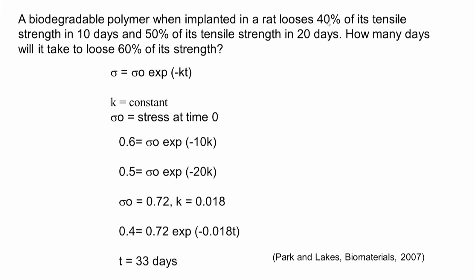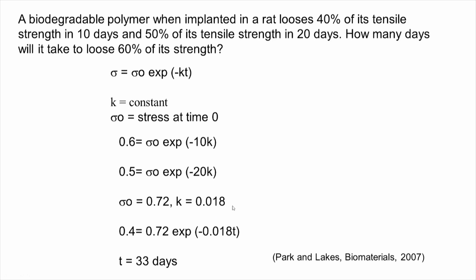So, first part, 40% it lost in 10 days, so remaining is 0.6. 0.6 is equal to sigma 0 exponent minus 10 k, 10 is your days, 50% lost in 20 days. So, 0.5 equals sigma 0 exponent minus 20 k. So, k is not known, sigma 0 is not known, 2 unknowns, 2 equations, sigma 0 is 0.72, k is equal to 0.018.